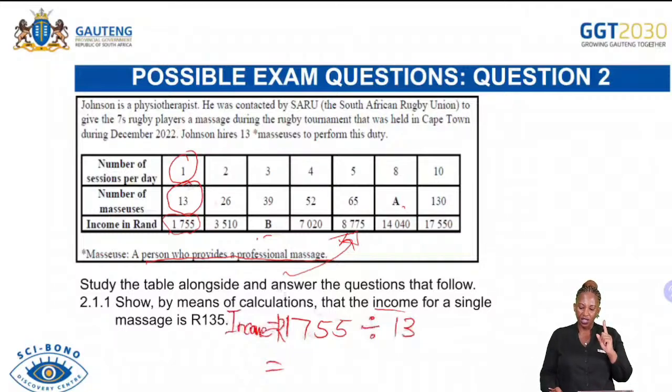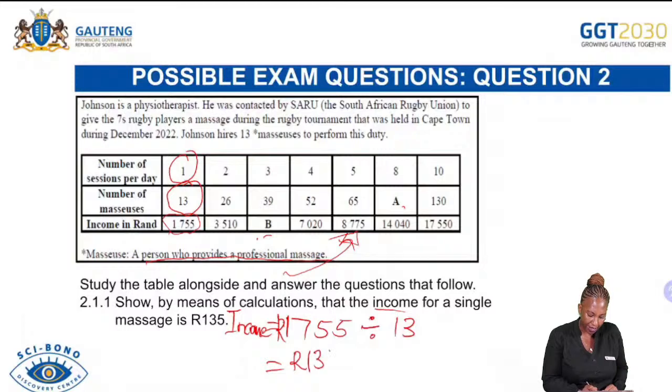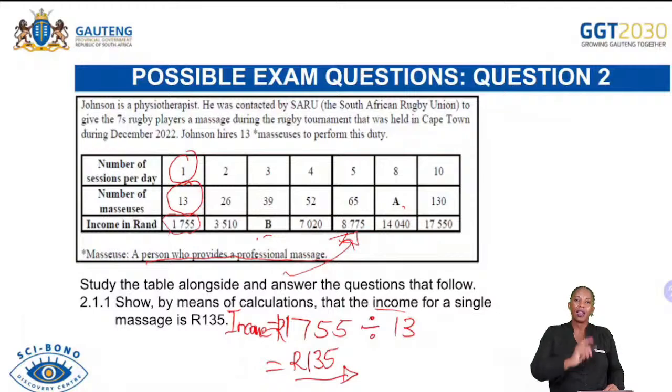So if it's 1 session, he will receive 1,755. And then in that single session, how many masseuse were working? 13 of them were working. So it means 1 massage there will be 135. So this is the price for a single massage.